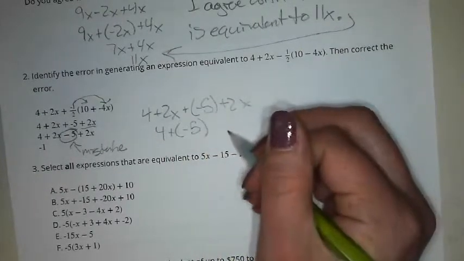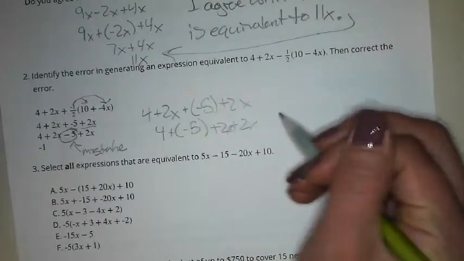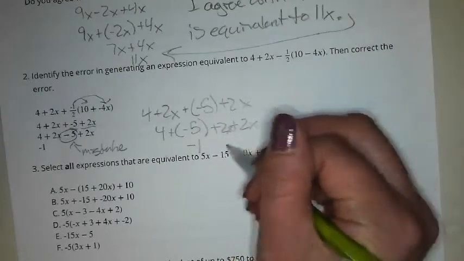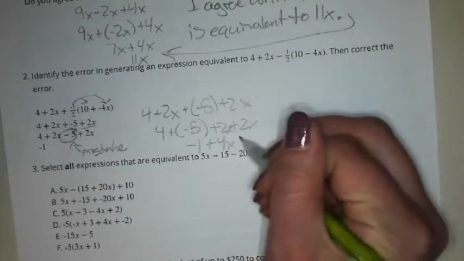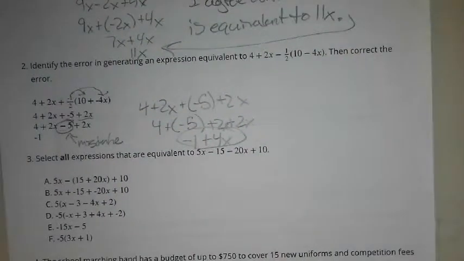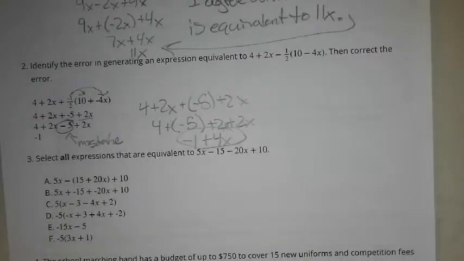So I'm going to put the 4 and negative 5 together, and the 2x and 2x together. So 4 plus negative 5 is negative 1. 2x plus 2x is 4x. So my solution would be negative 1 plus 4x. So when they did this, somehow it canceled out the 2x's there.